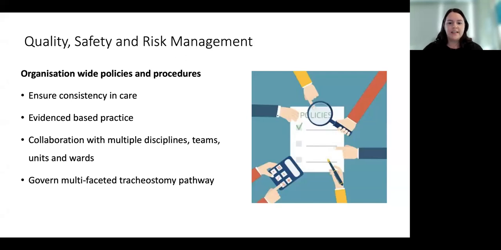It facilitates a very safe and effective standardised approach to tracheostomy management. These standardised protocols optimise consistency in care, environment, equipment, and patient and provider expectations. These protocols govern our multifaceted tracheostomy pathway and inform the systematic and stepwise journey of care that Hannah will discuss shortly.